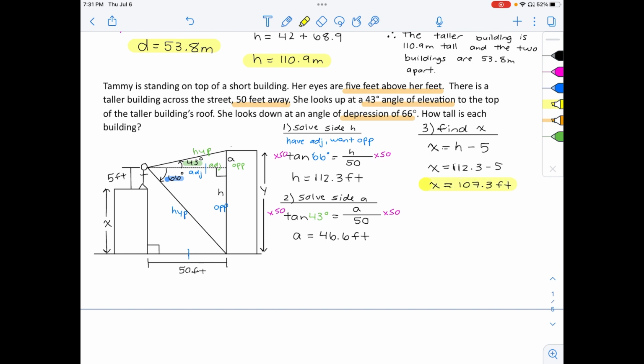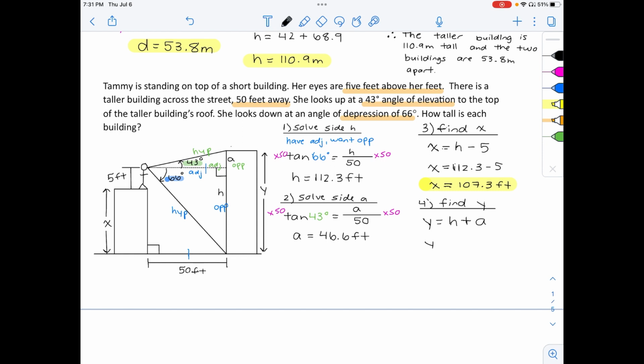And then lastly, I want to find the height of the taller building. So step 4, I'm going to find Y. And I'm looking again at my diagram. Y is here, and Y is made up of H and A. So I can just say Y equals H plus A. Sorry, my stylus is not wanting to write very nicely.